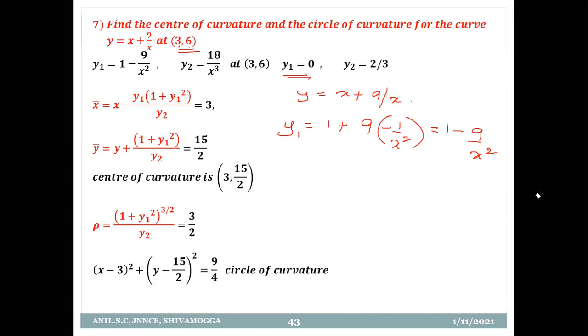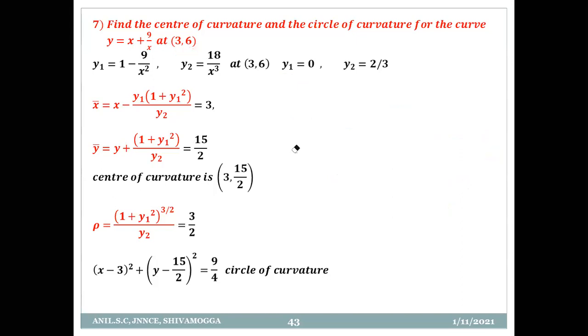Now we find y2. To find y2, we differentiate this y1 with respect to x. Derivative of y1 is y2. And 1 is a constant, its derivative is 0.